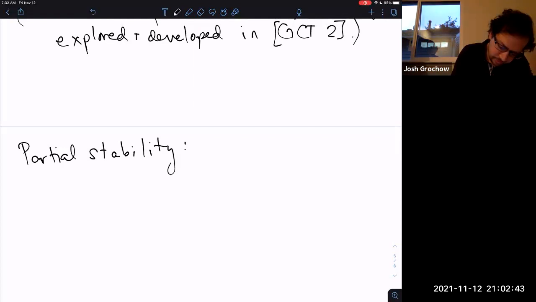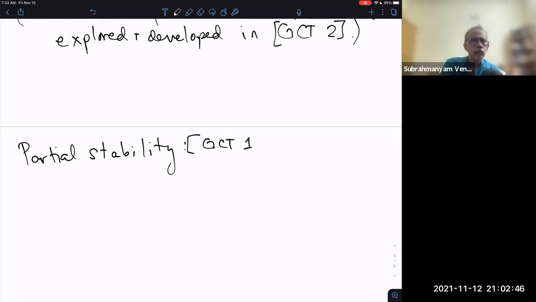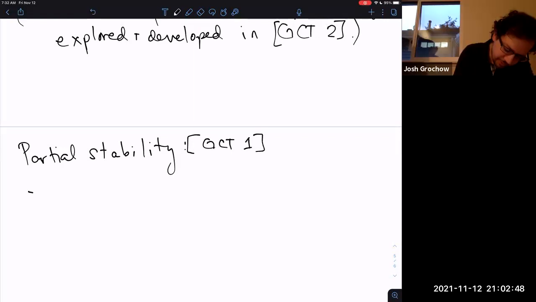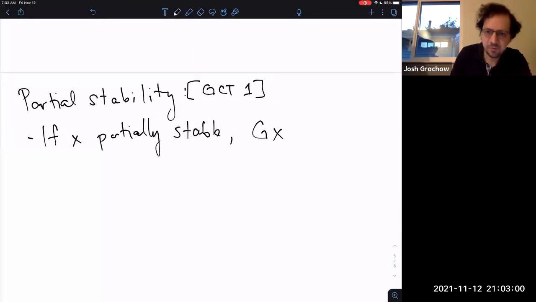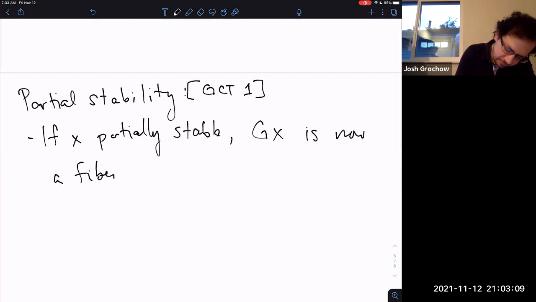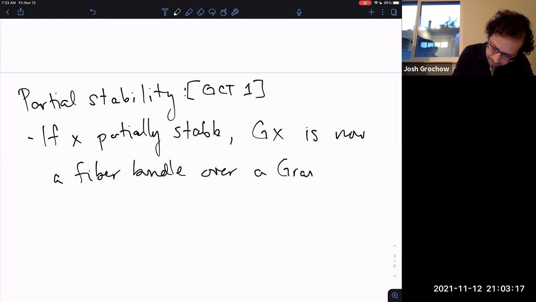So this is now GCT1. Partial stability implies, if X is partially stable, then the orbit itself is now a fiber bundle over a Grassmannian with affine fibers.